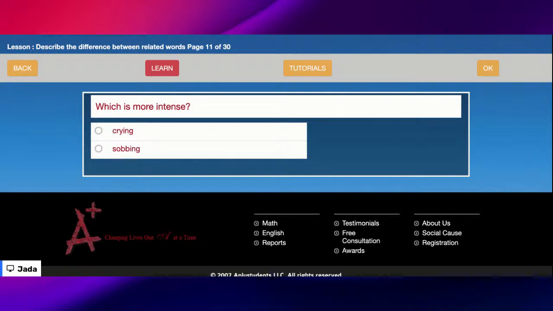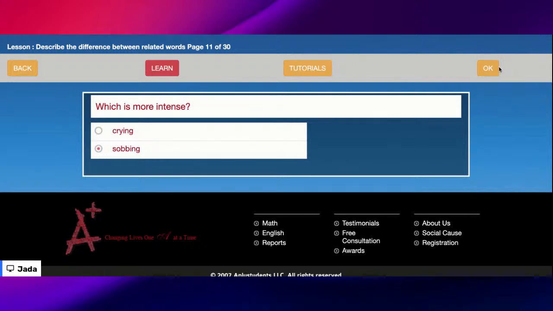Which is more intense? So, guys, which is more intense, when you're crying or when you are sobbing? Sobbing.